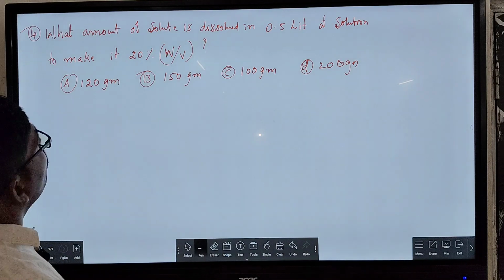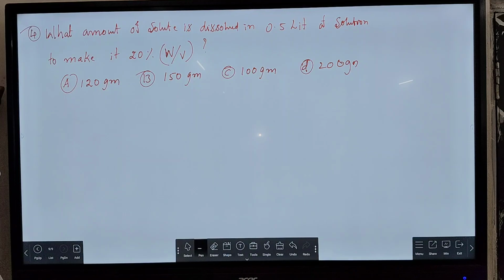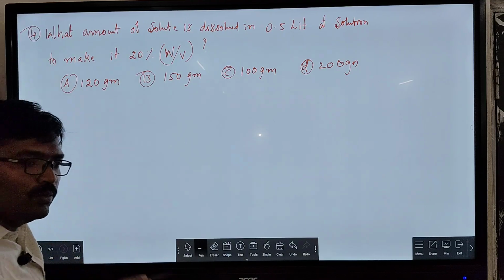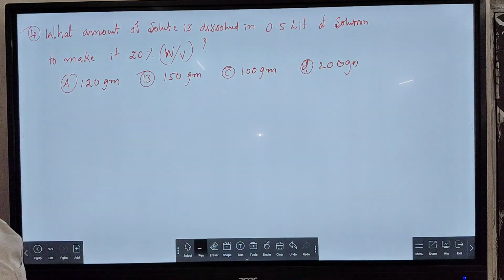What amount of solute is dissolved in 0.5 liters of solution to make it 20% weight by volume? Understand all of you? Right, look at.